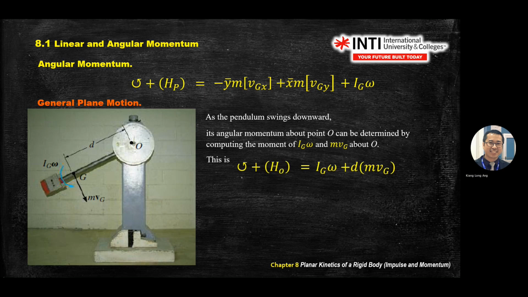All right. So here, as you can see, if you have this system, you are referring to O. Then for your calculation, again, you need I omega plus D multiplied by the momentum. Okay, so this is a bit different from particles. For particles, you don't have this one. For a particle, you only have this one.